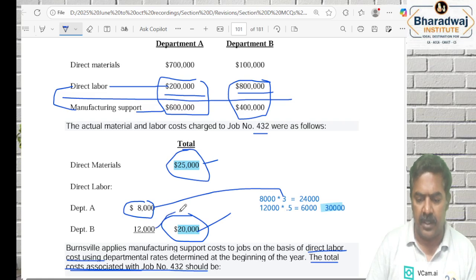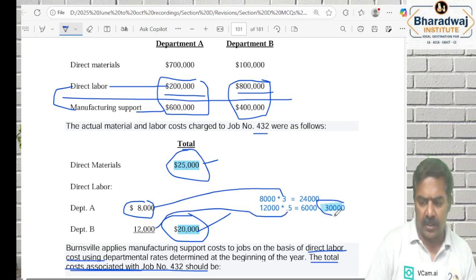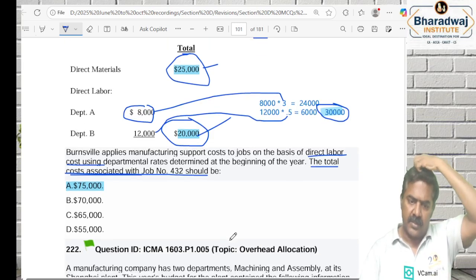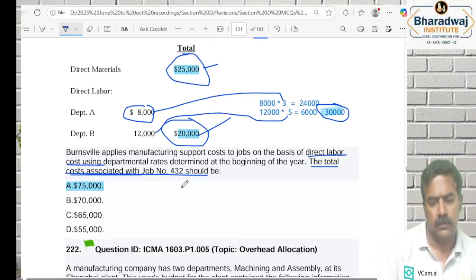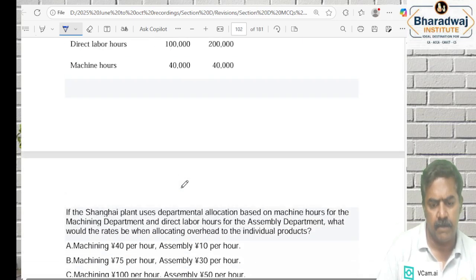For department B, overheads are 50% of direct labor. So 30,000. So 25 plus 20 plus 30, 75,000. Done? Yes.